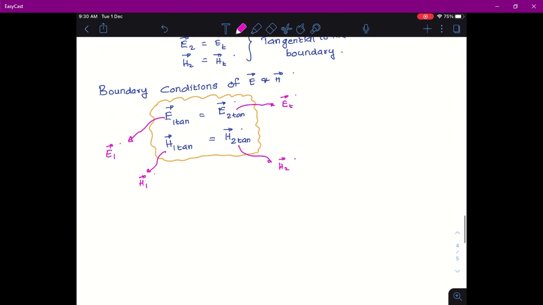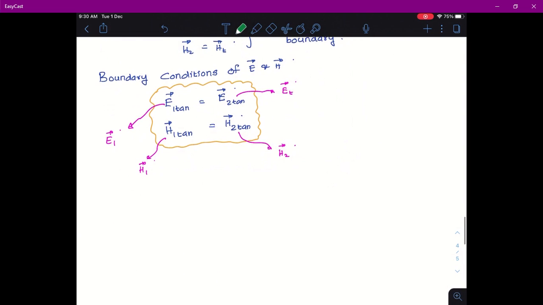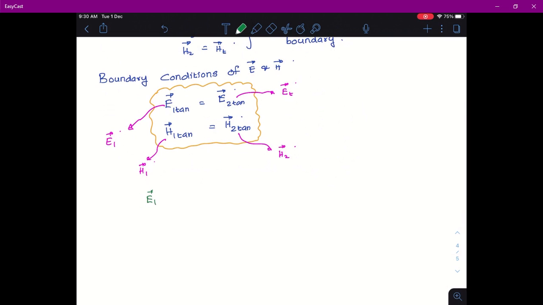So I can now write E1 is equal to EI plus ER is equal to ET, that is E2.